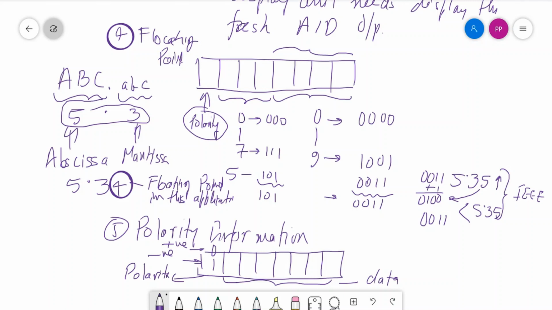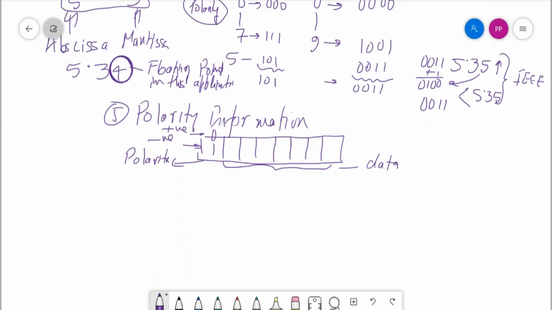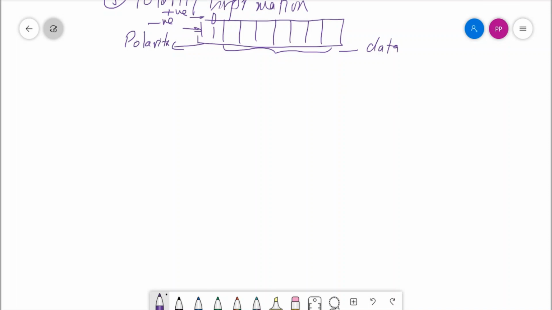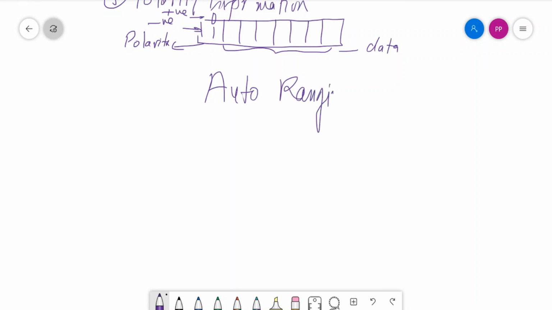So let us go to the next topic, that is the auto ranging of digital voltmeters. How do we do the auto ranging for digital voltmeters? So the next topic of discussion is auto ranging.